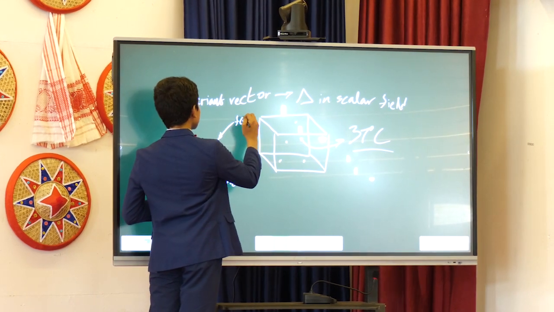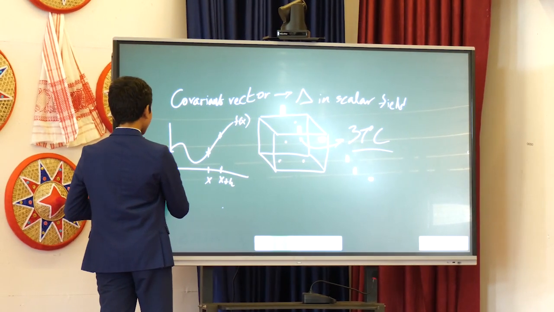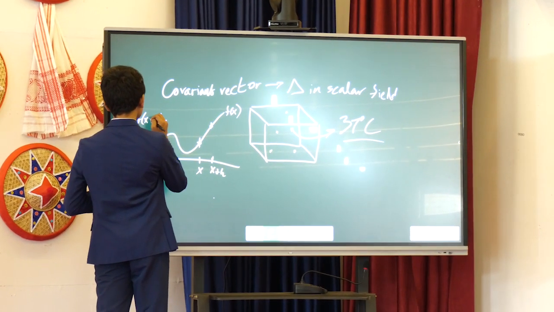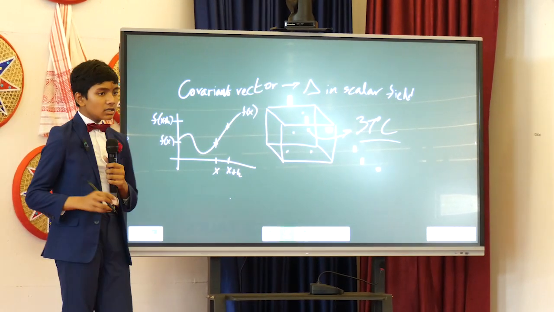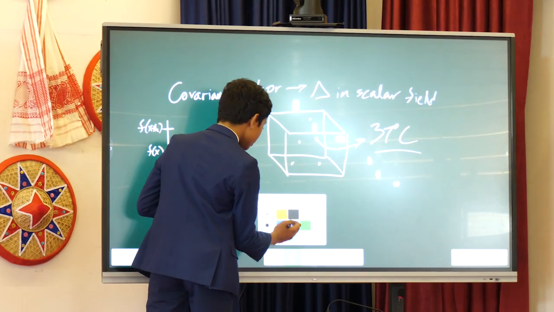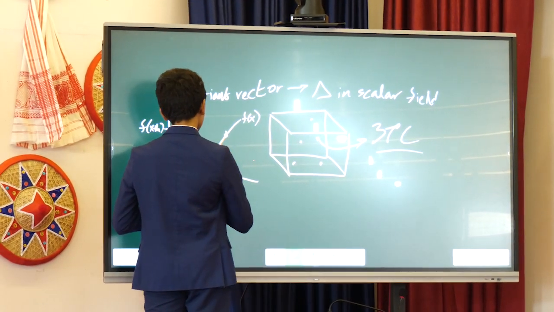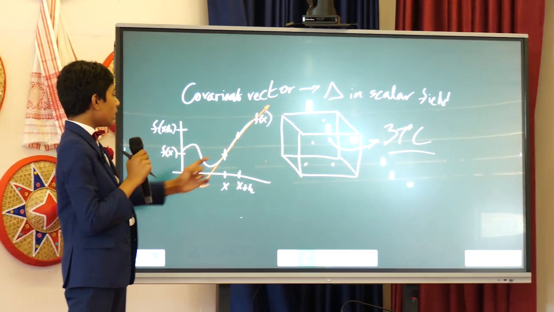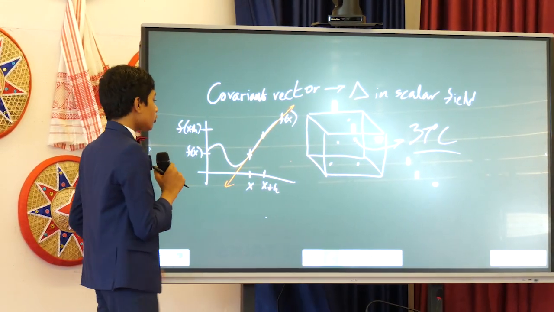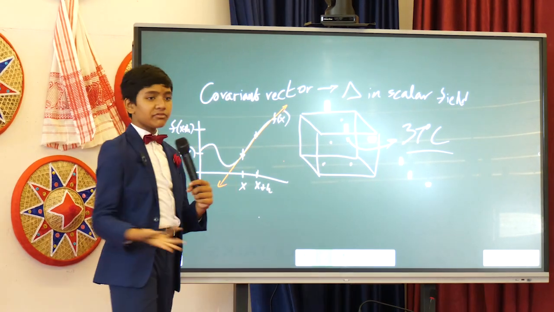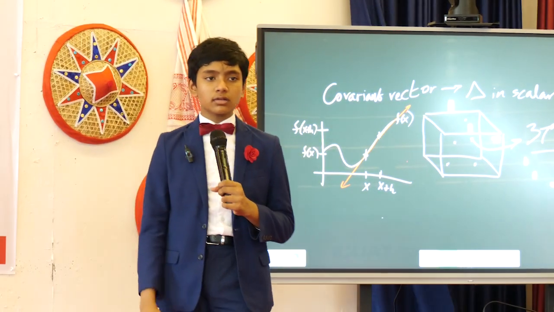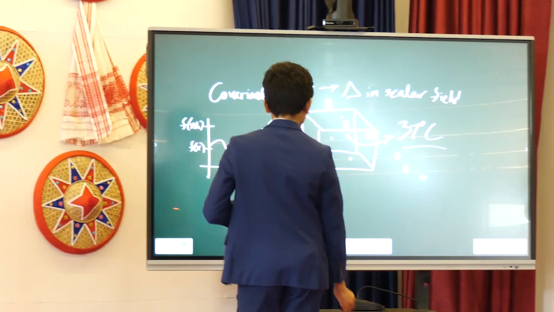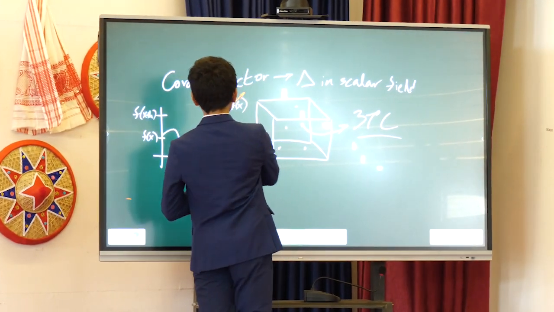The y-coordinate here is going to be f of x, and the y-coordinate here is going to be f of x plus h. Then we're going to draw a secant line between these two points. It's a line that goes through both of these points. And we're going to take the slope. Everybody here knows what the slope formula is, right? Okay, so can you guys tell me what's the slope of this red line?